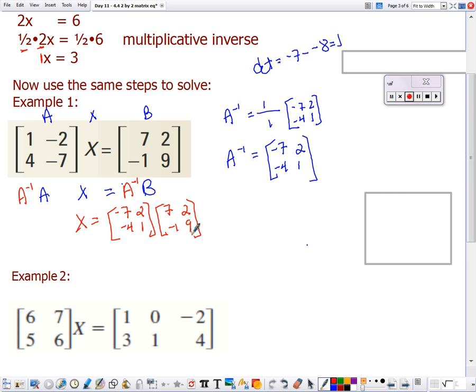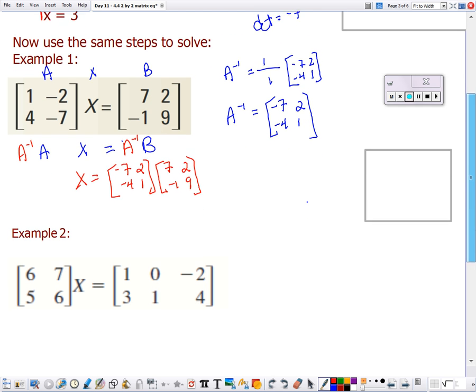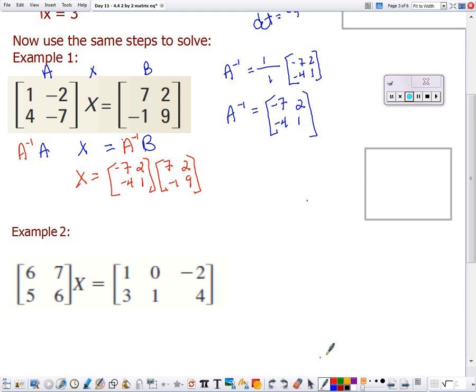And now we have to multiply our matrices together. And be really careful with your order. So we're going to pause the video so you can multiply these. Remember, row by column. So this first row is negative 49 minus 2.